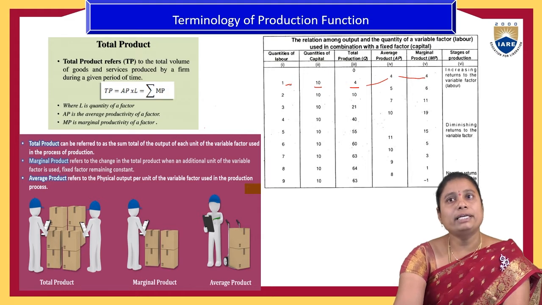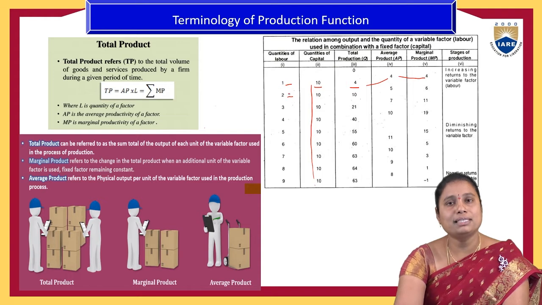If the quantity of labor is increased to 2 and the quantity of capital is the same, the quantity of capital in all the cases is the same, then the total output might increase to 10. So the difference between these two, 4 and 10, is 6. That is called the marginal production.